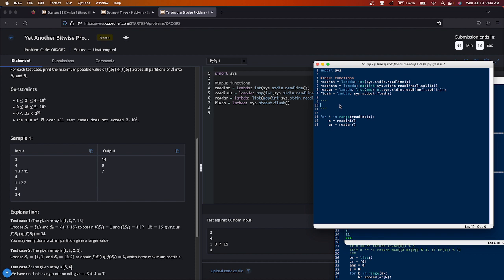And then, so most to least important bit, all with the current bit that we're looking at in group 1.